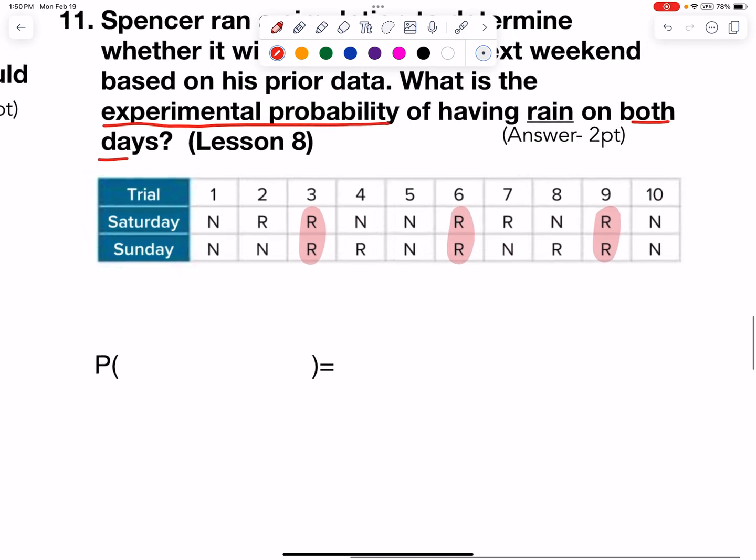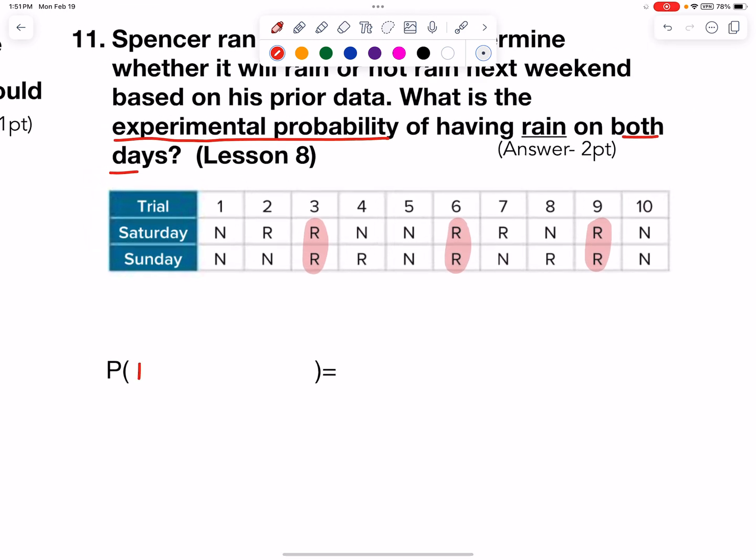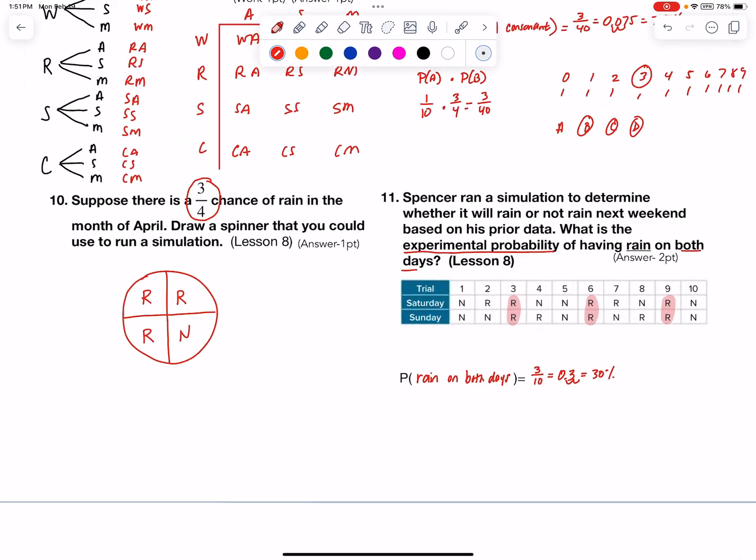So what is the probability of having rain? Well, we need to write this first. So rain on both days equals a 3 out of 10 chance. 3/10 is 0.3, swoop, swoop, 30%. And there we go.